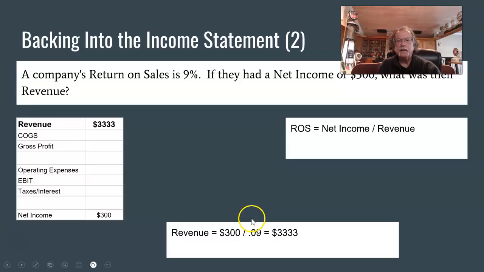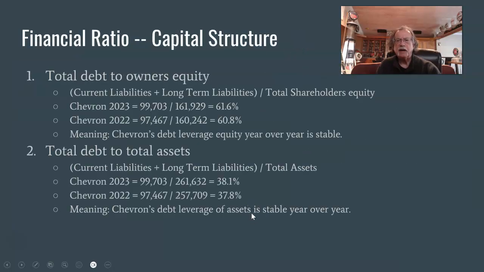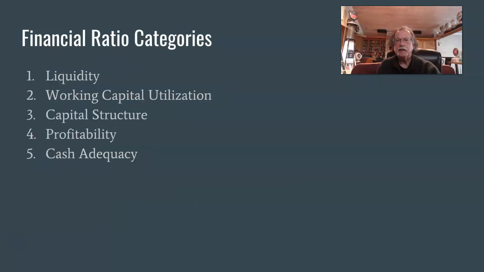So these 5 categories, let me go back through them. The liquidity, working capital, capital structure, profitability, and cash adequacy ratios. There's a lot of ratios in there, and I asked you to calculate a number of them in the homework. You get to choose the ones you want to calculate in the homework.